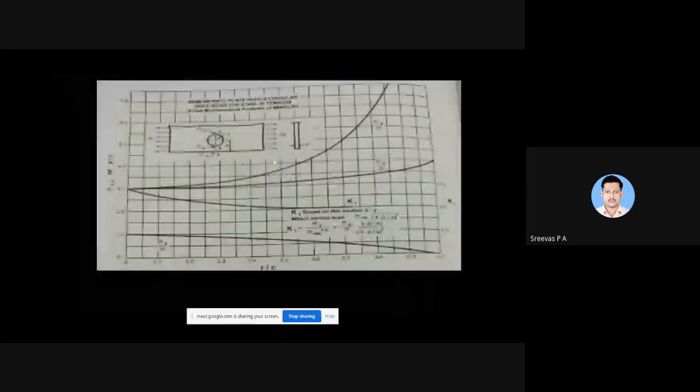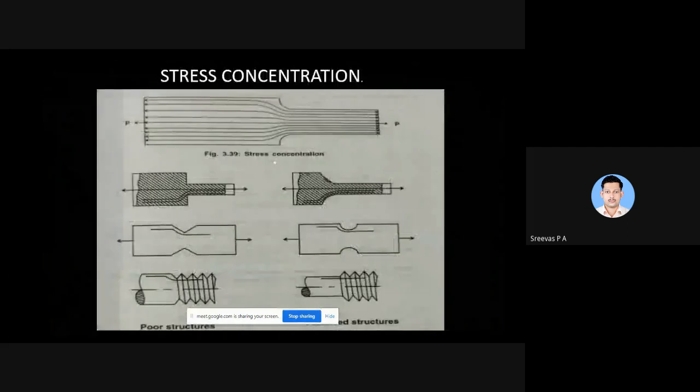What are the design techniques used to reduce it? So consider these figures. Here it is a sharp edge. So it is a poor structure. We will not recommend this for design. What we will do is make it curvy. That is a preferred structure for design.